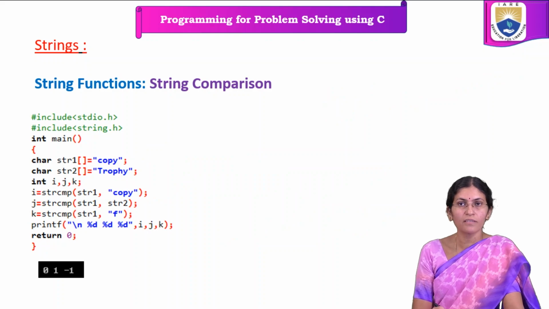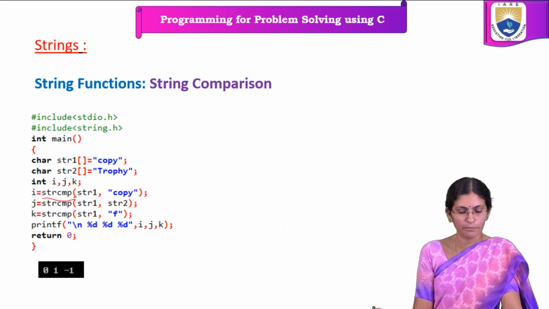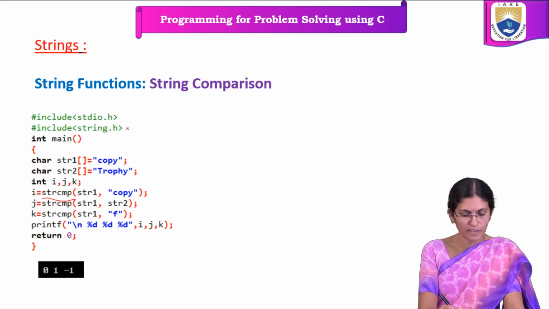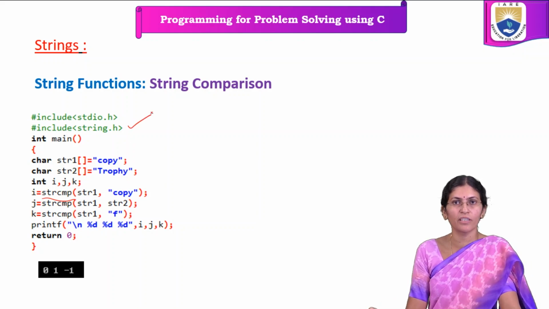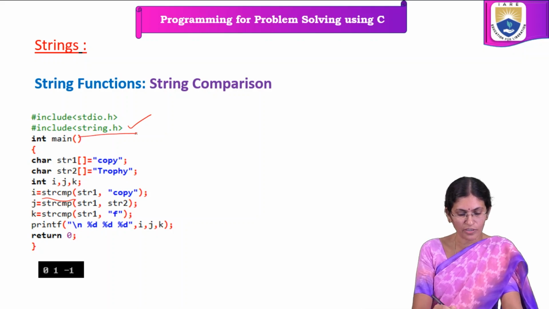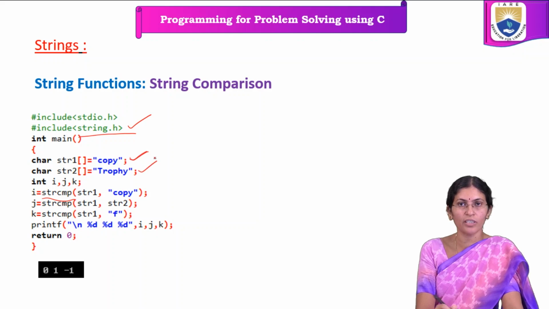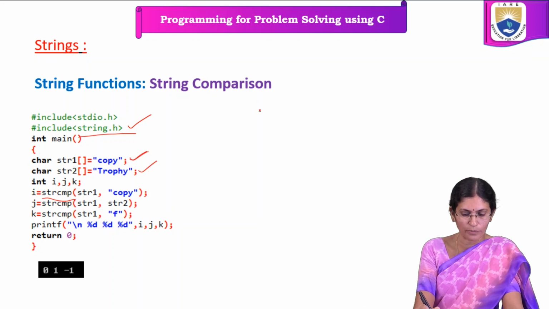Now let us see with the help of one program, the string compare function. We have seen that we have to include the string.h header file in order to make use of string related functions. So we declare and initialize two strings. The first string is copy and the second string is trophy.